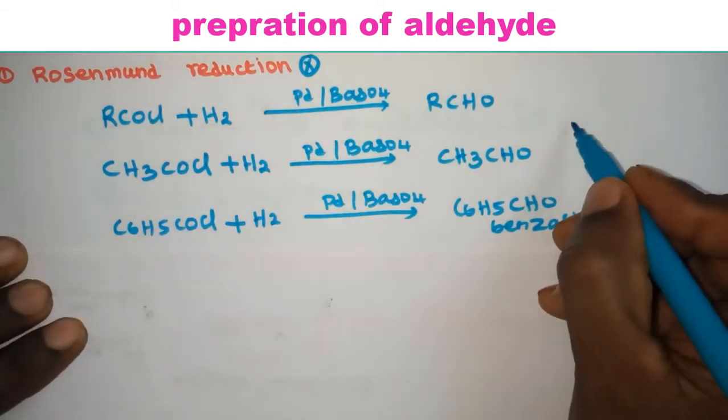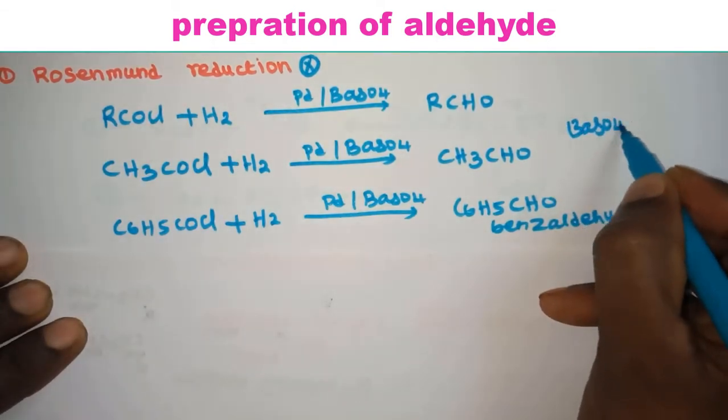In this reaction, BaSO4 acts as a catalytic poison for palladium.